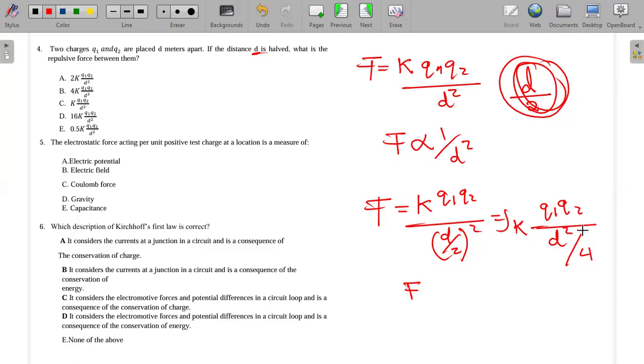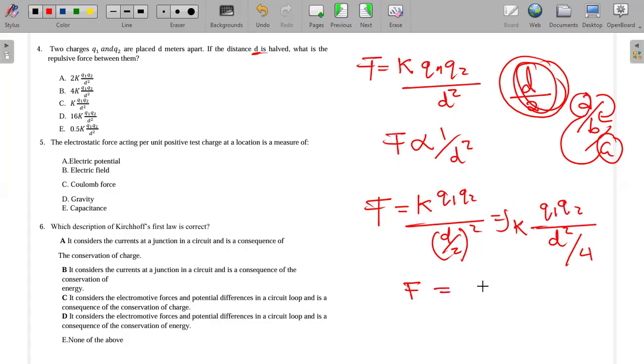So whenever we have a ratio like this, I remember during your secondary school days, if you have A over B, and this is over C, this just basically implies that this denominator multiplied by the numerator, divided by what is in the middle there. So we're going to do the same with this one. So we'll say 4 multiplied by the numerator, which is K multiplied by Q1, Q2.